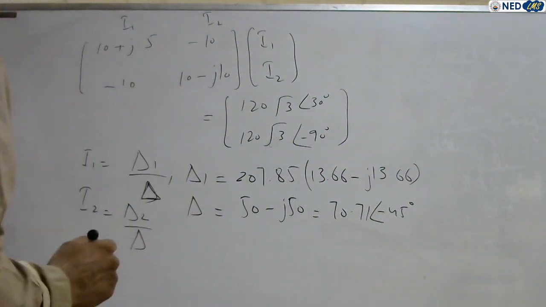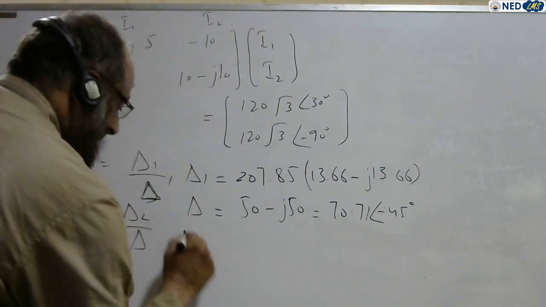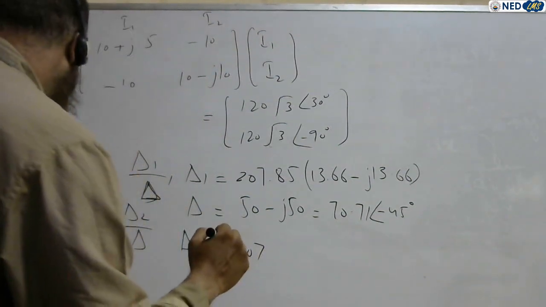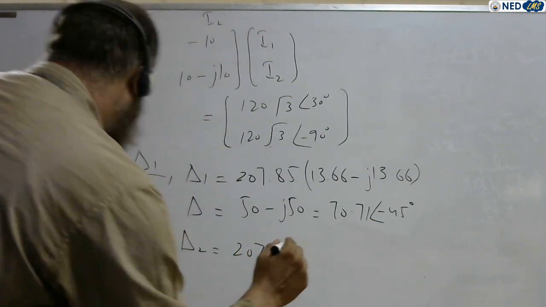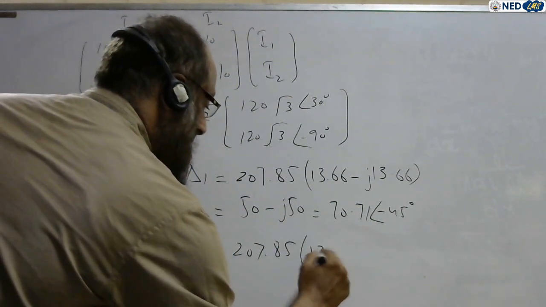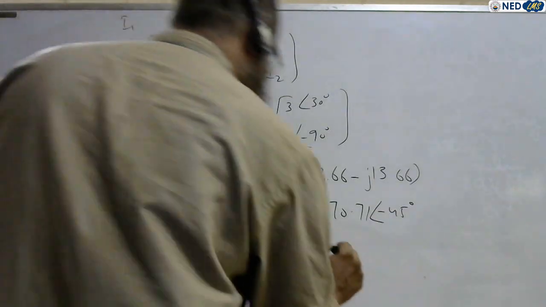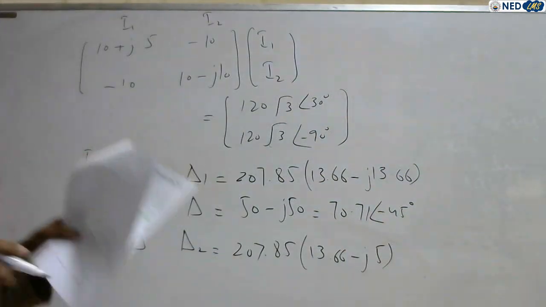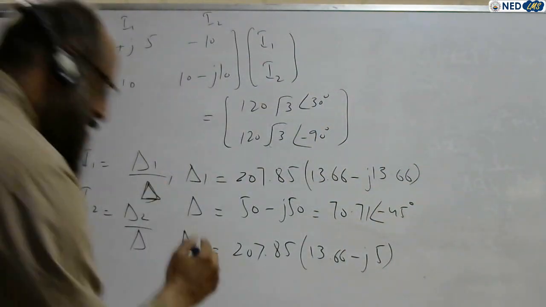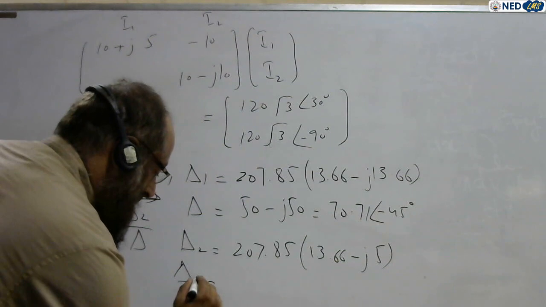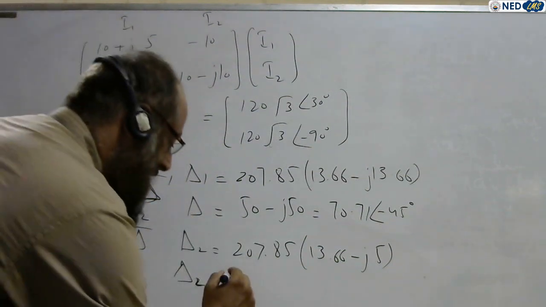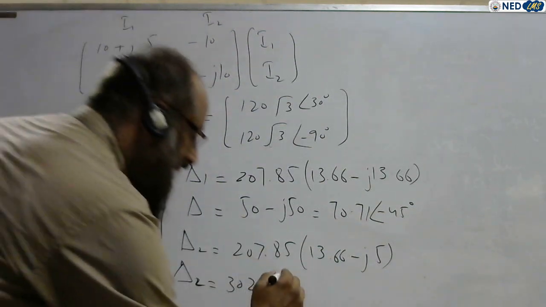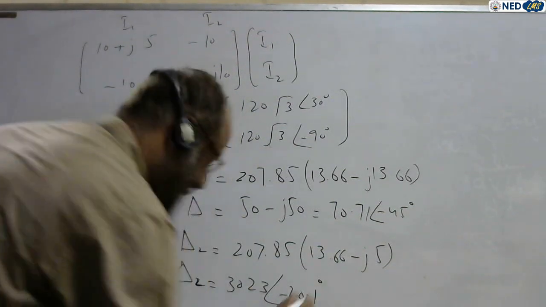And del 2 comes out to be 207.85, 13.66 minus j5, so del 2 comes out to be 3023 angle minus 20.1 degree.